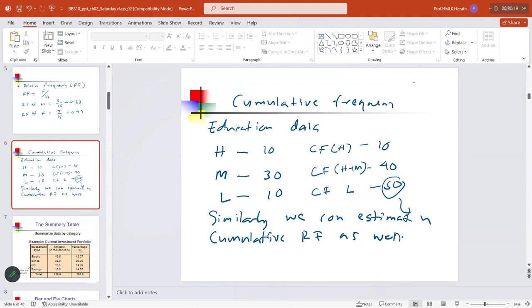In tables, we can summarize data by categories. We can summarize data of a particular variable by different categories.